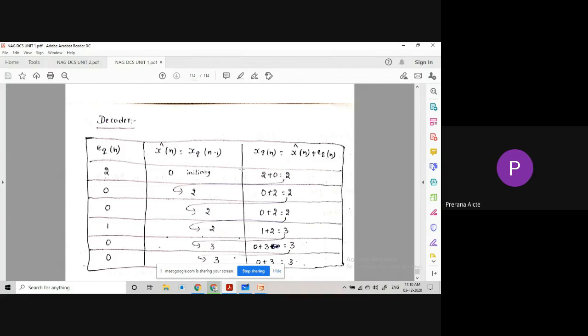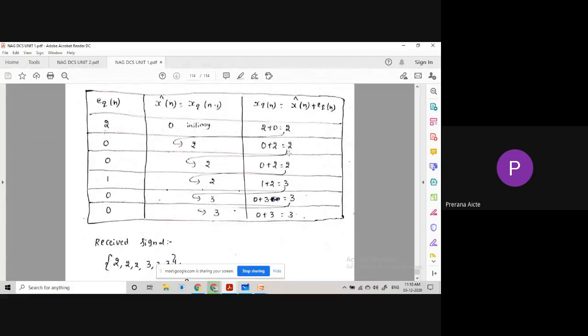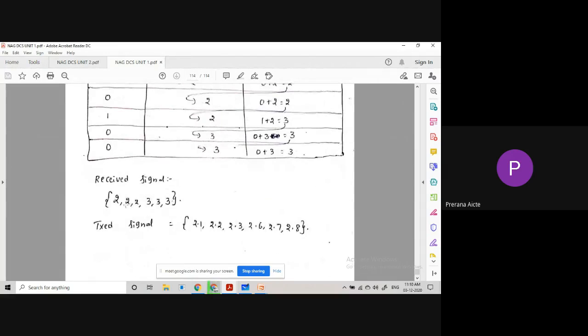That is the prediction filter output. We know, right? x cap of n plus eq of n, which is 2. This will again be given as input to the prediction filter. So based on that, what are we getting? 2, 2, 2, 3, 3.